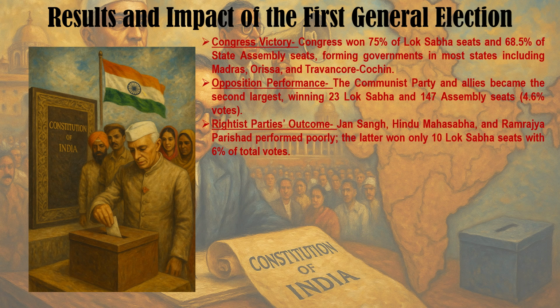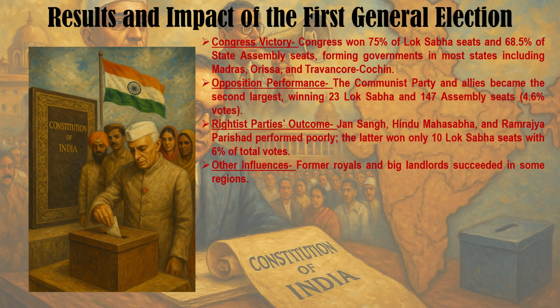Jana Sangh, Hindu Mahasabha, and Ram Rajya Parishad performed poorly. These were the right wing parties. The latter won only 10 Lok Sabha seats with 6% of total votes. So, with 6% of total votes, the right wing parties could get only 10 Lok Sabha seats.